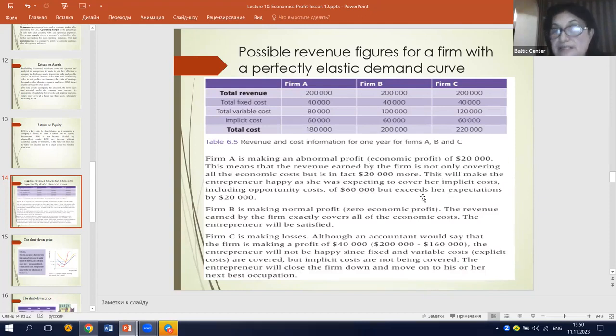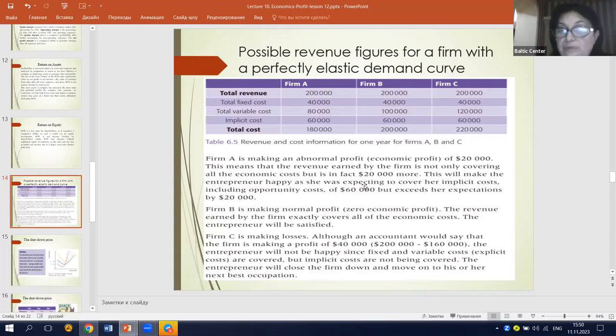So this means the revenue earned by the company is not covering all the economic costs there. But in fact, 20,000 more, yeah, this will make the entrepreneur happy as they will expect to cover all the implicit costs, including opportunity cost of 60,000, but exceed his expectation by 20,000.